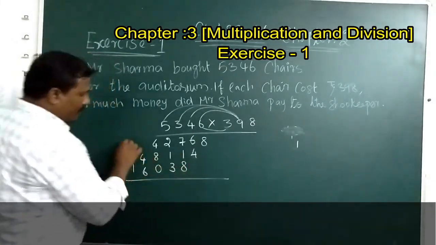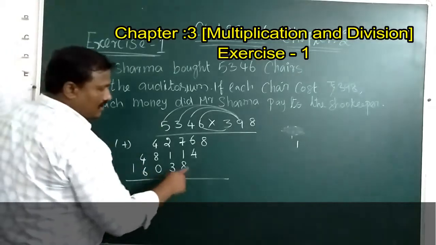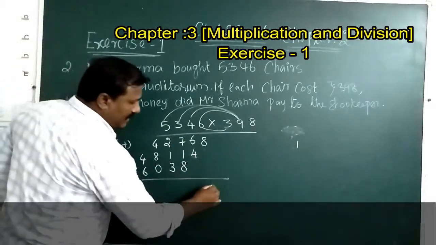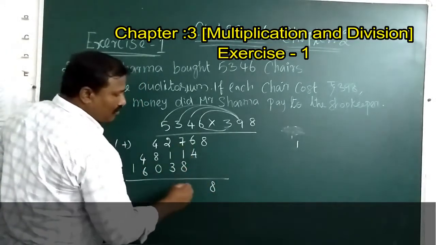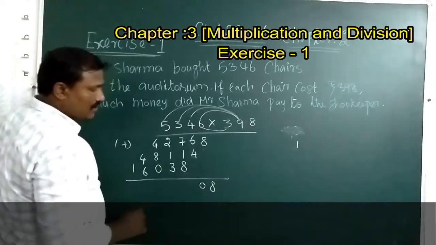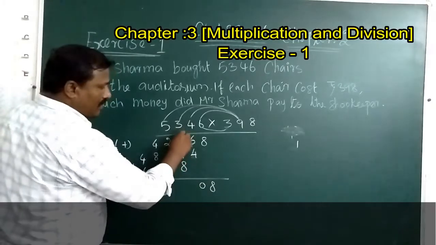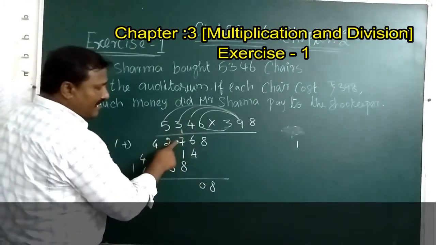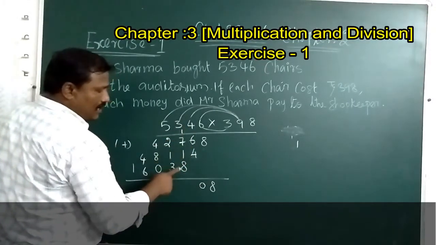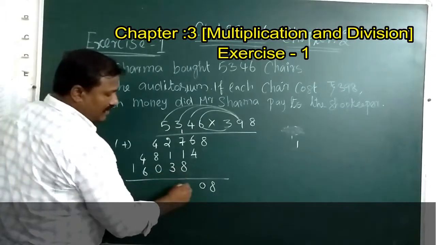So now we want to add all the products. 8 as it is. 6 plus 4 is 10, so 0, remainder 1. Then 7 plus 1 is 8, 8 plus 1 is 9, 9 plus 8 is 17.